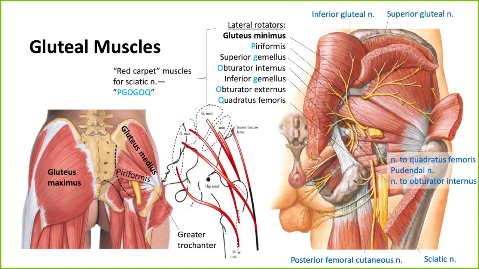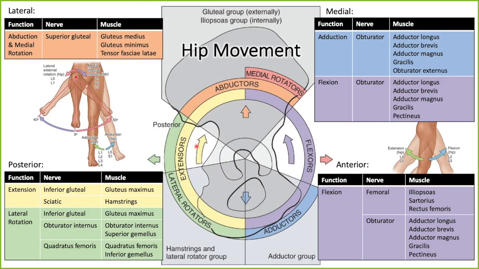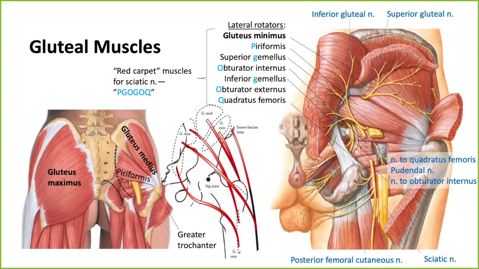So we had talked about on this slide right here, superior gluteal is getting glute minimus and medius, and inferior gluteal is getting glute max. So if I go back to this, you can see that gluteus medius is going to be attaching above piriformis, so it makes sense that it's going to be the superior gluteal. And then here's this glute max, and even though it is high up, it's also attaching below piriformis, so that's how I remembered the difference between the two.